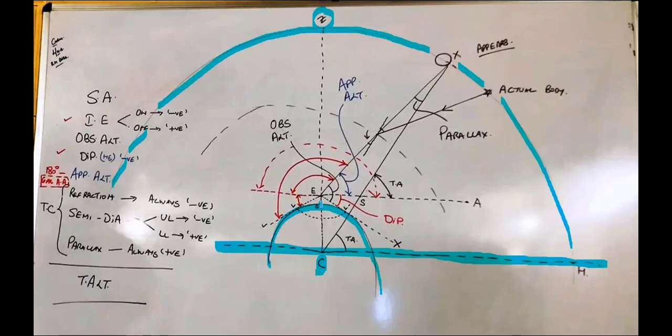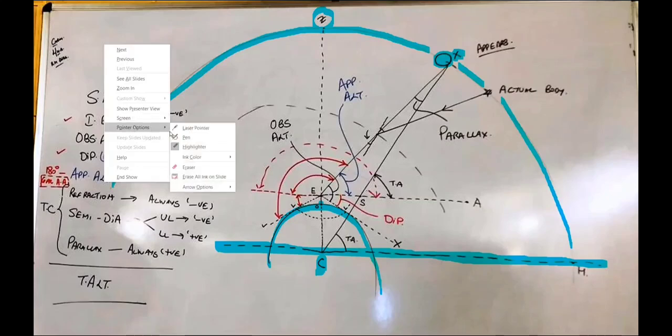We have the observer somewhere here, and the observer is actually watching a body. This X which I have shown here is a celestial body which the observer is watching. If you want to identify the true altitude in this diagram, let me show you with a different color.